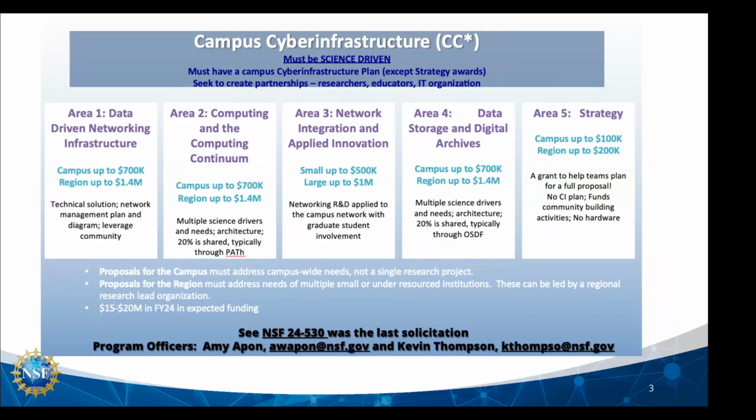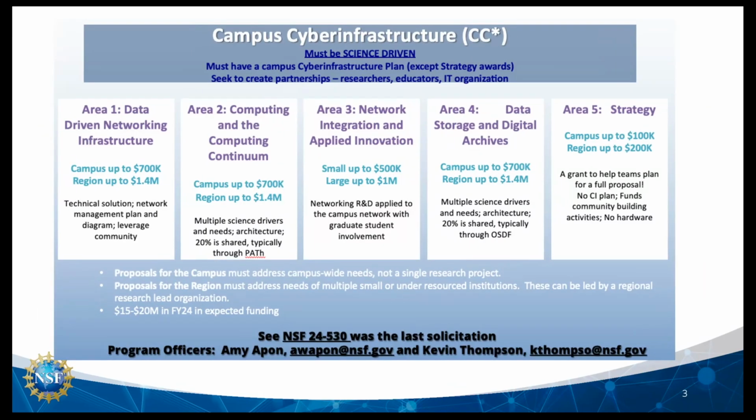So Area 1 and Area 3 do target campus networking. Area 1 is really about pure campus network upgrades. We're starting to see the emergence of now 400 gig campus level needs.